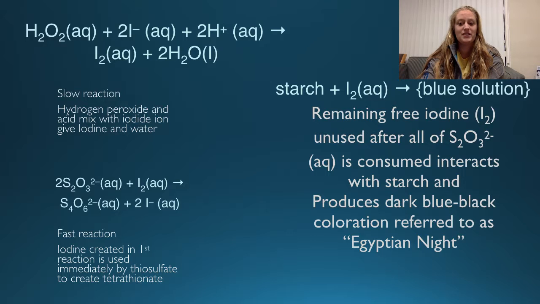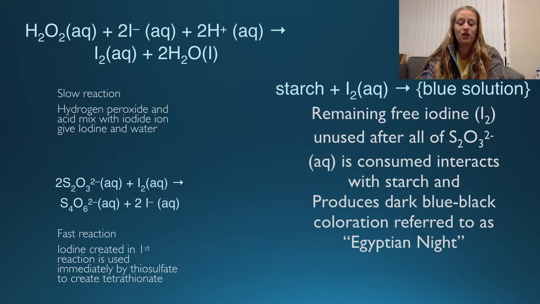This produces the tetrathionate and iodide ions. This product, however, will still be colorless. So the iodine molecule, I2, is what reacts with the starch, producing the blue solution.